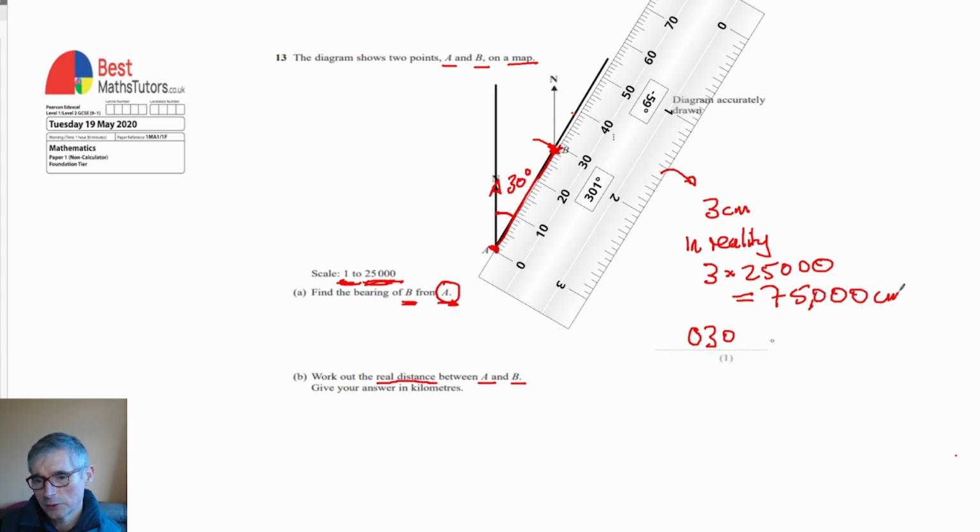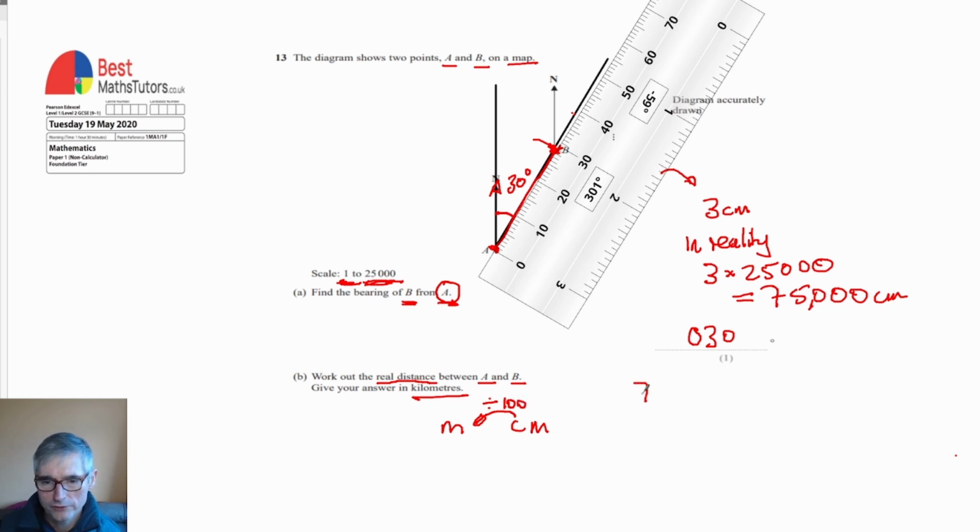But that's in centimeters, and what I need to do is convert it to kilometers. A useful way to do that is first of all convert it to meters, and then from meters convert it to kilometers. If I've got a number in centimeters, because there's 100 centimeters in a meter, to convert it into meters I need to first of all divide by 100.